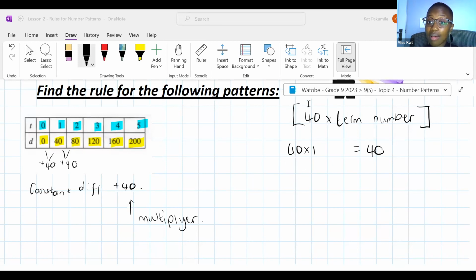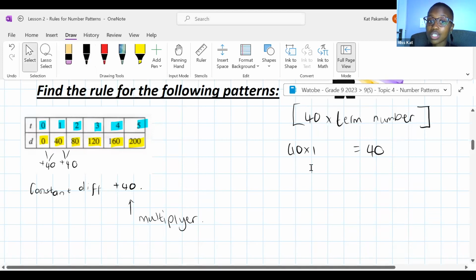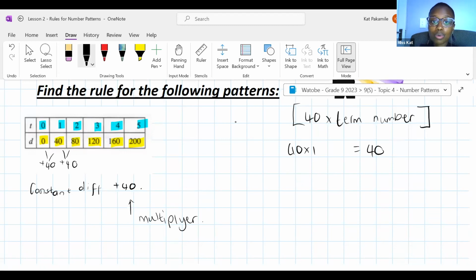This is how we find the general term, not using that notation. So right now we're writing it in words. We need to be able to explain what we're doing. In the next lesson, we're going to be working on finding TN using a specific general formula. Okay, ma'am. Thank you.